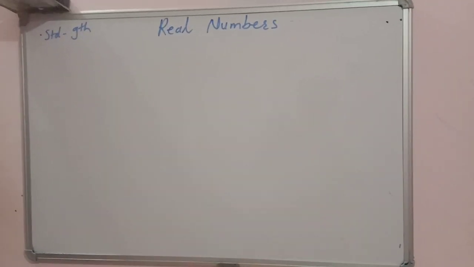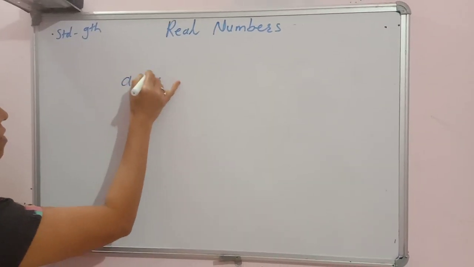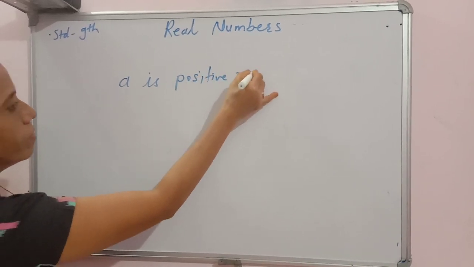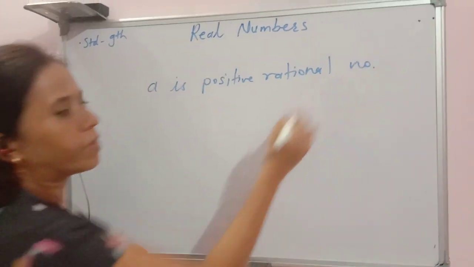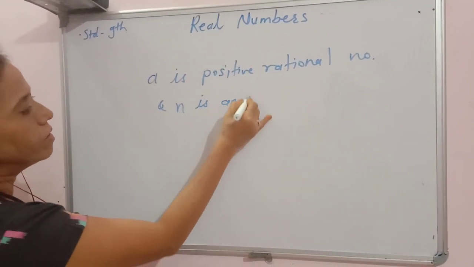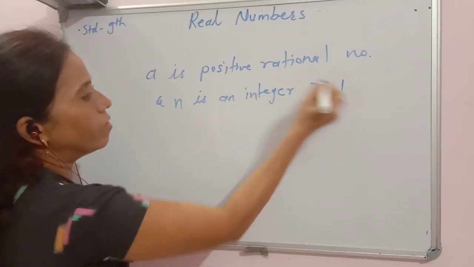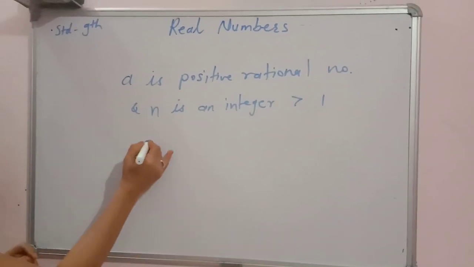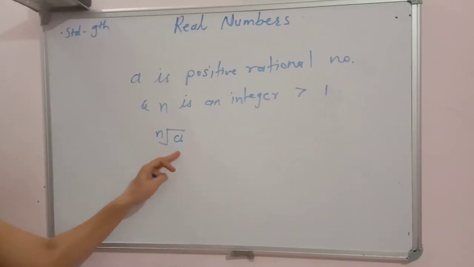Now let a be a positive rational number, and n is an integer which is greater than 1. Then how do we write the nth root of a?